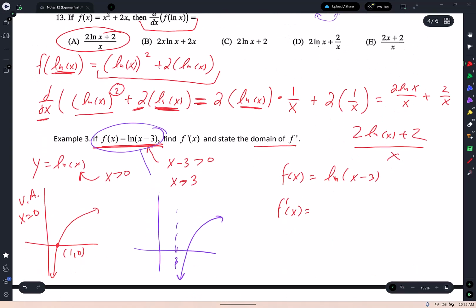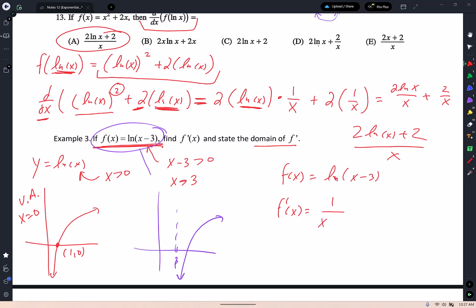A few minutes. What is it? Yeah, it is. 1 over (x minus 3). Done. That's your u. 1 over u times du/dx. The derivative of x minus 3 is just 1. So there it is. That's it. Done. And the domain is x greater than 3.